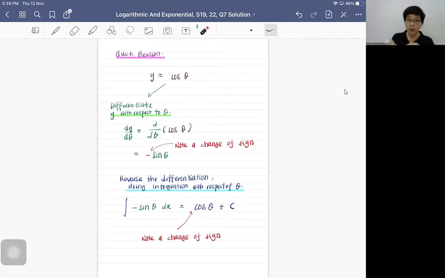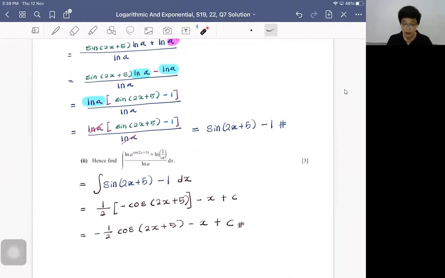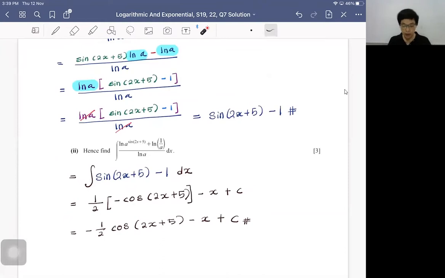Using this knowledge, we are going to go back and tackle this question. From part 1, we know that this complicated log equation can be equal to sine bracket 2x plus 5 minus 1. So the smart you and me, we substitute this complicated expression with its equivalent version.